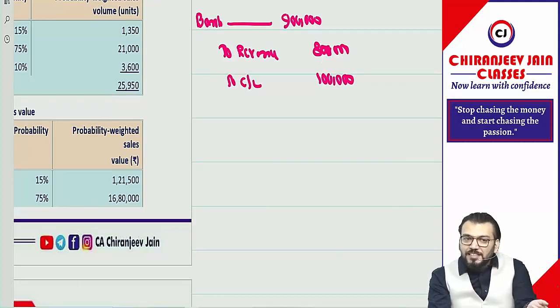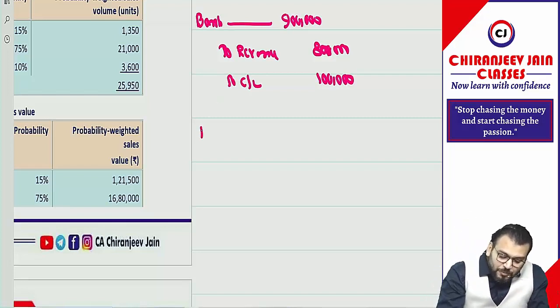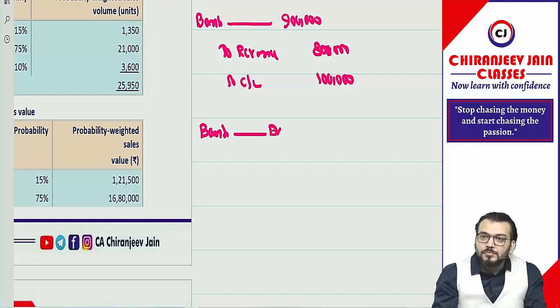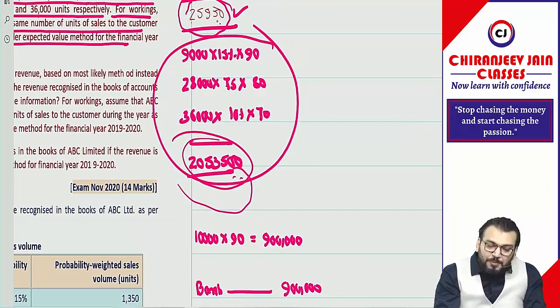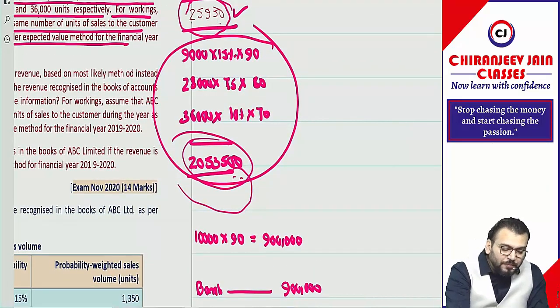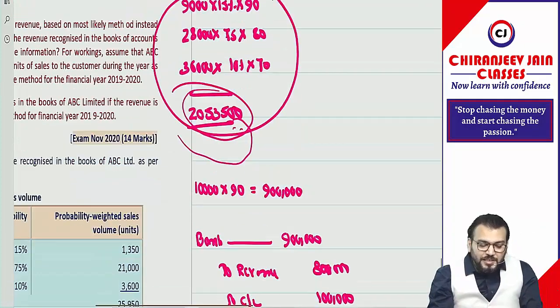But we recognize based on our calculation. Our expectation is in the second range, therefore revenue will be recognized based on 80. Whatever extra amount we have received, that is contract liability. Then the balance units will be sold. Because we are saying exactly 25,950 were actually sold, out of 25,950 minus 10,000, we have sold 15,950.